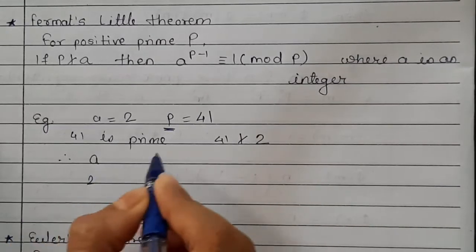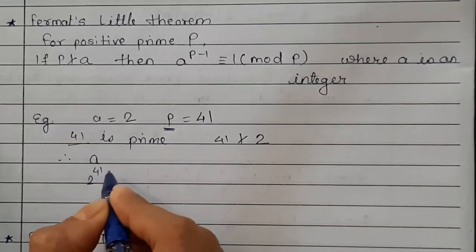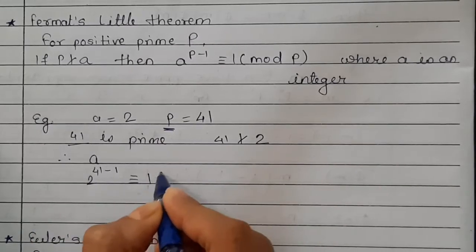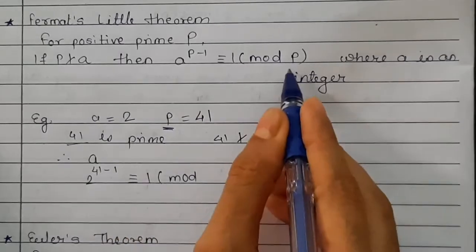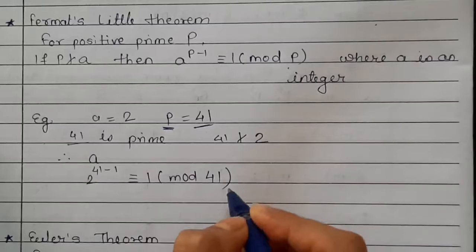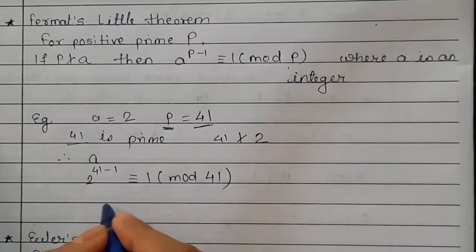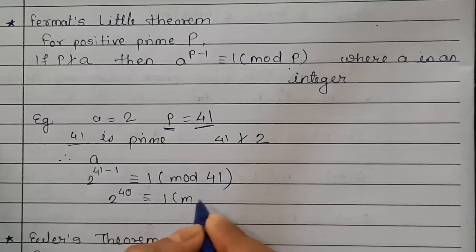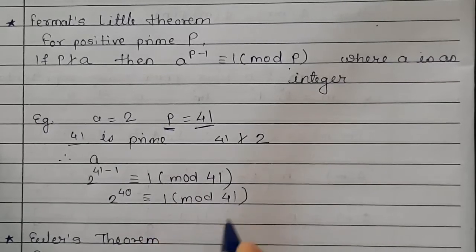So 2 raised to p, that is 41, minus 1 is congruent to 1 mod p, which means 41. So we write here 41. If you see, 2 raised to 40 is congruent to 1 mod 41.